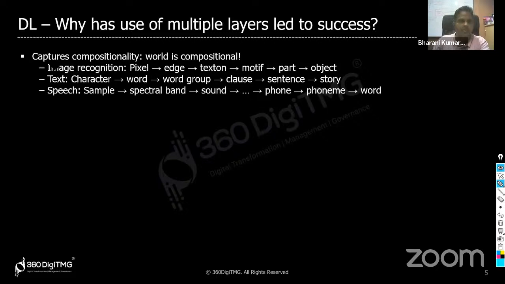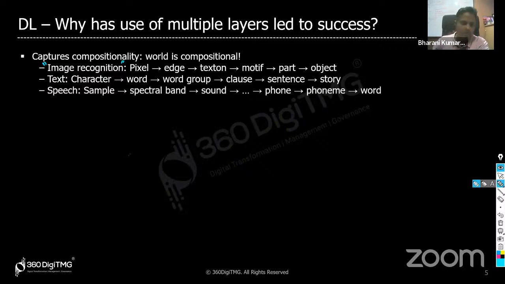For example, think about the human brain. When you look at an image, you might feel that you're able to see the complete object, my complete face and the chair, so on and so forth. But the fact of the matter is that the human brain first will recognize the pixels within the image, then the edges.